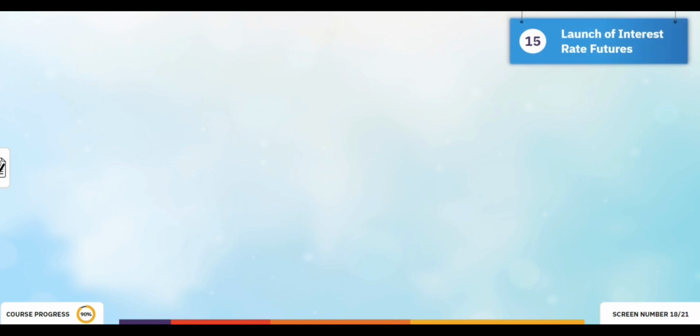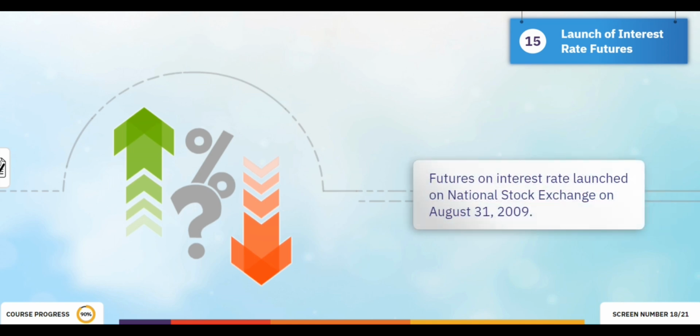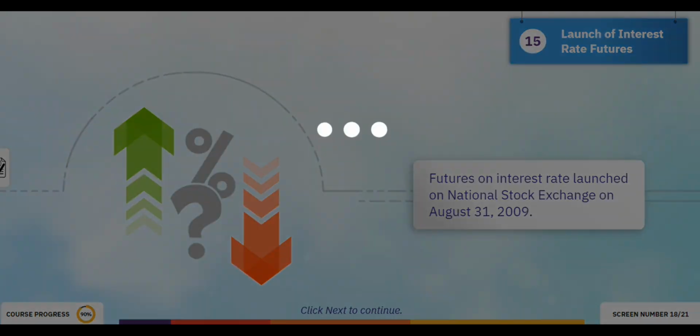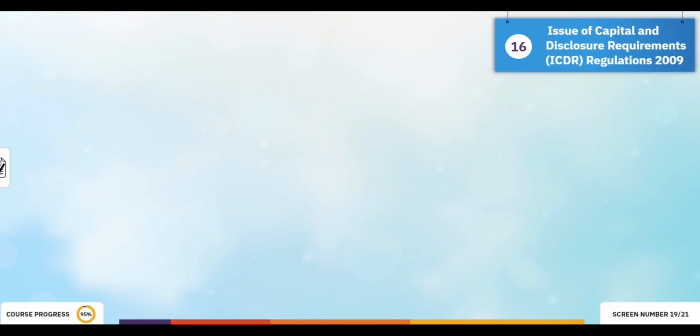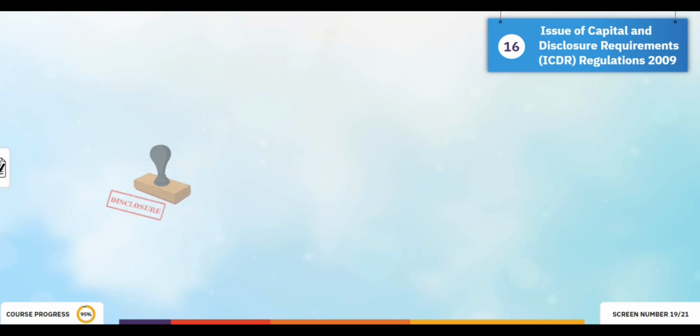Principal Reform Measure 15 is launch of interest rate futures. On August 31, 2009, futures on interest rate was launched on the National Stock Exchange. Principal Reform Measure 16 is Issue of Capital and Disclosure Requirements Regulations 2009.